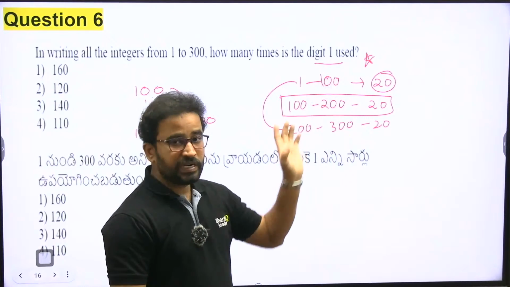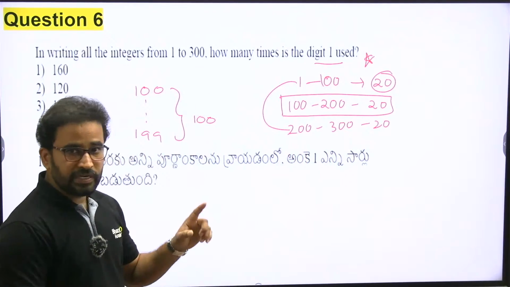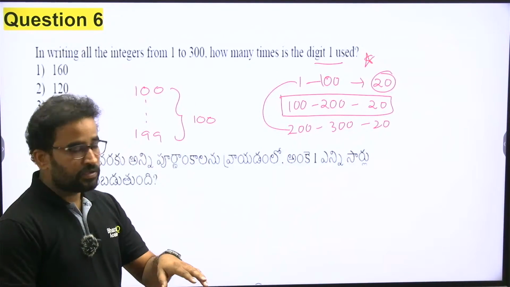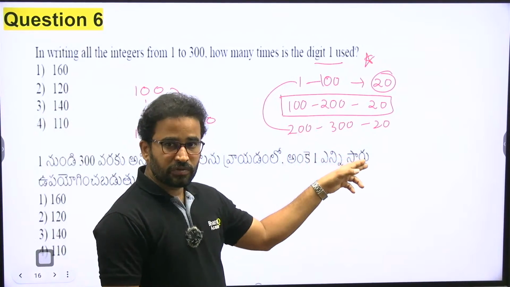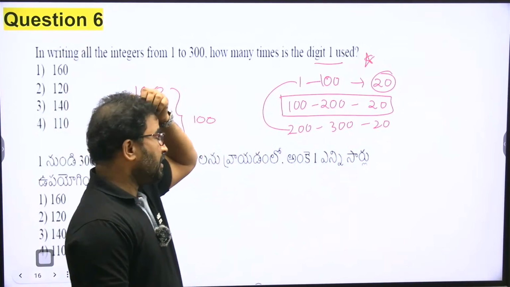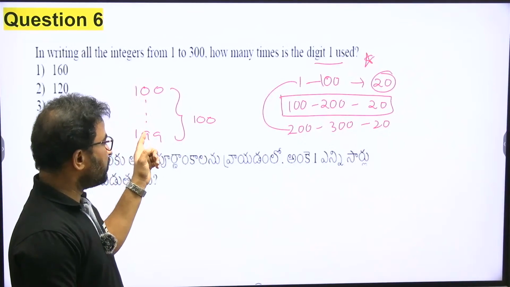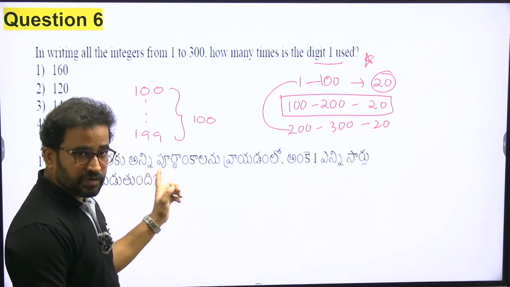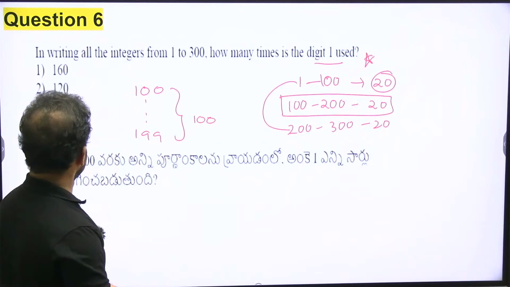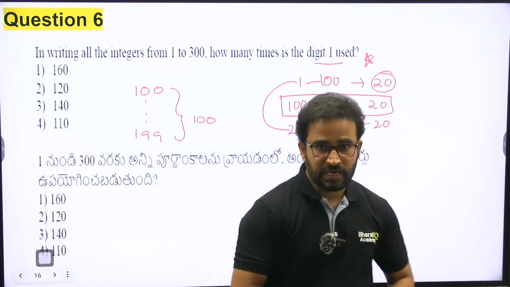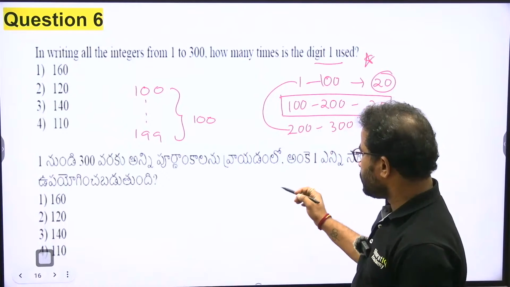But they are asking about 1, which is the unit digit as well as the double digit value. So 1 to 99, 100 to 199, 200 to 300 in this way. The question is asking about 1 in the hundreds position; how many times is it repeated? 100 times.